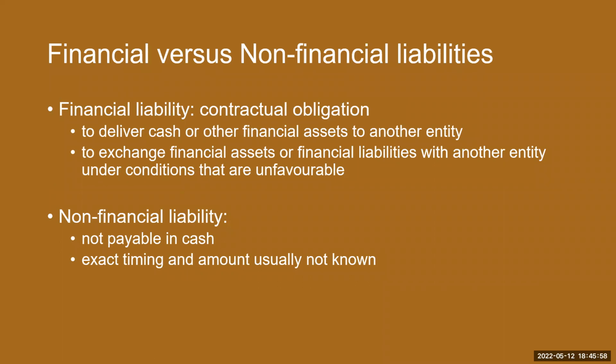So mostly it is a liability and obligation to deliver cash or to exchange financial assets or other financial liabilities with another company under conditions that are unfavorable to us, right? So the circumstances will be such that we will be at a disadvantage. Our company will be at a disadvantage.